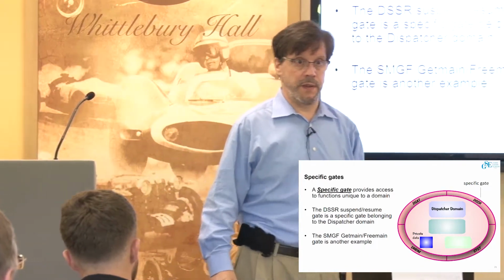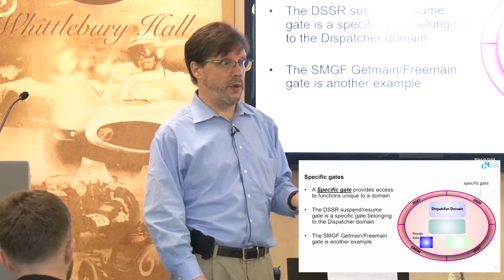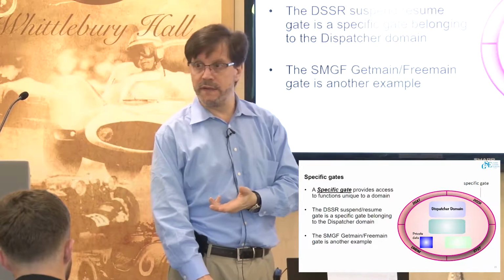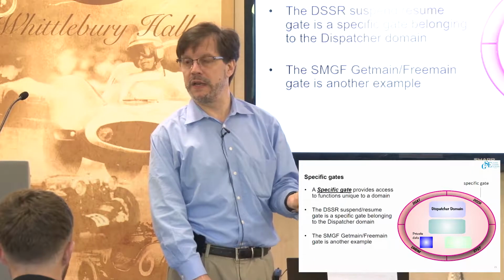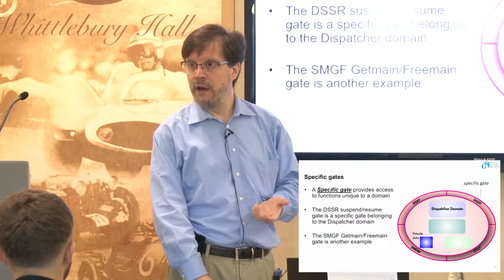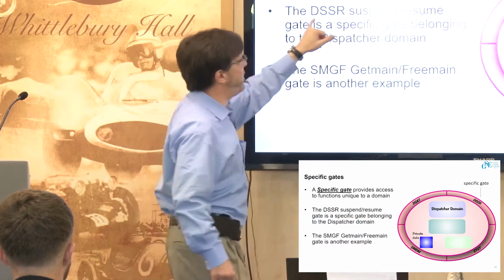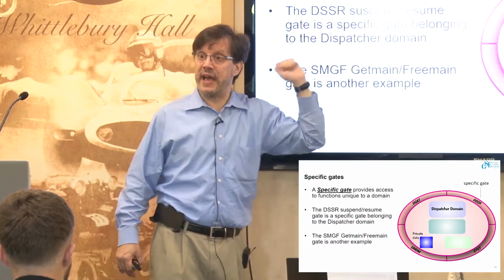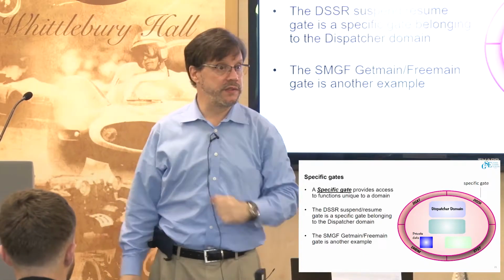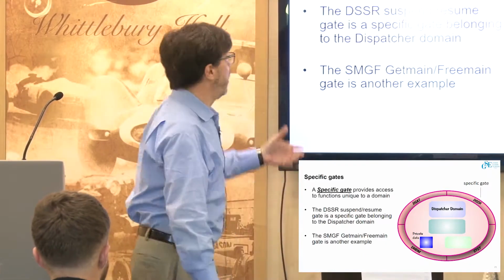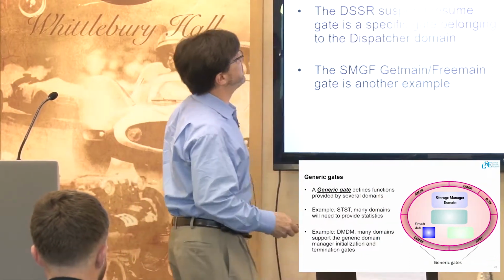If you ask for something and it's not available, like you do a read of a file and somebody has to do an MVS IO, you'll get suspended. In fact, you'll end up suspending yourself, realizing you don't have the data. So the last thing you'll see is a DSSR pop task, because you're now off the QR TCB and the QR can run somebody else. And so that's just another example of a specific gate.